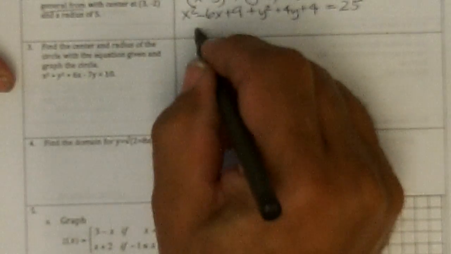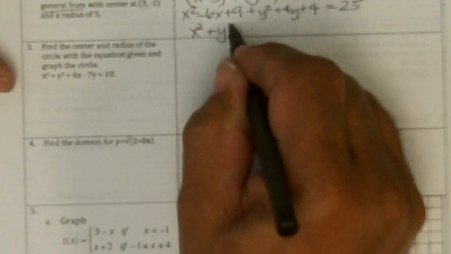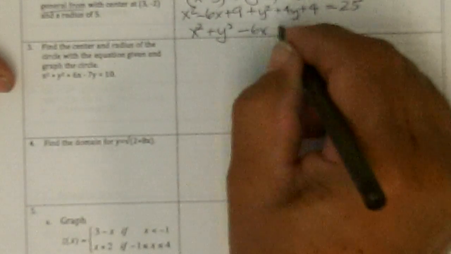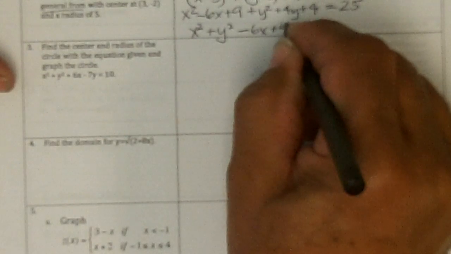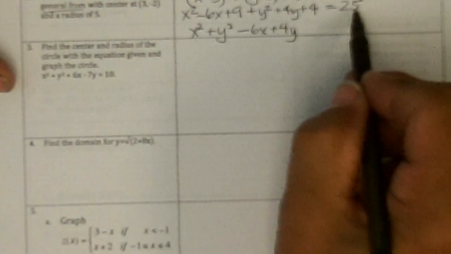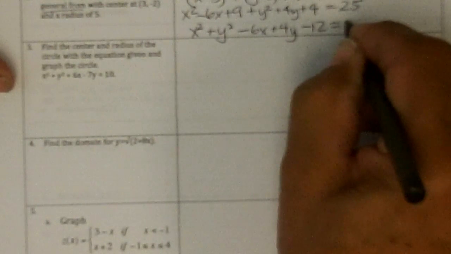So starting with the x squared, then the y squared for the general form, then the x's, then the y's, and then we get 9 and 4 is 13, minus 25 is minus 12 equals 0.